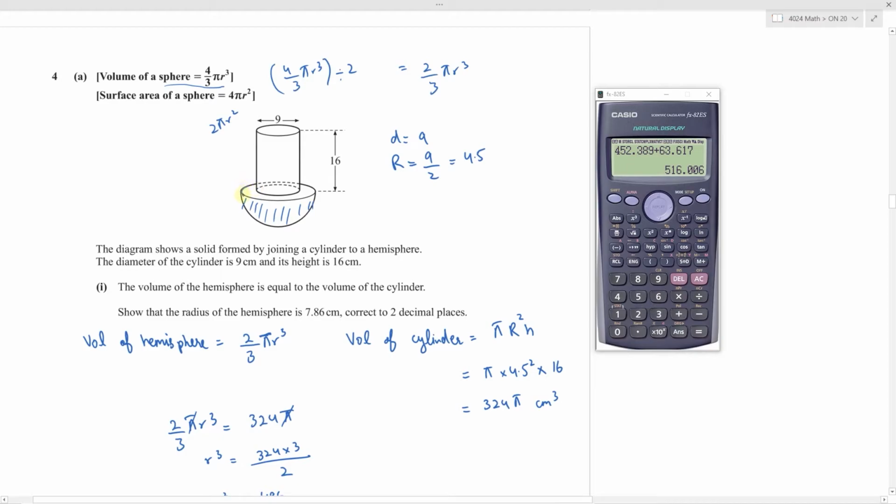You will take the area of this larger circle, which has the radius 7.86, which is the radius of this hemisphere. And then you will subtract the area of this inner circle, which has the radius of the cylinder, which is 4.5. This will give you the area of this ring that is part of the solid.